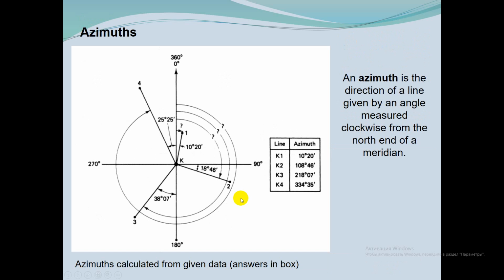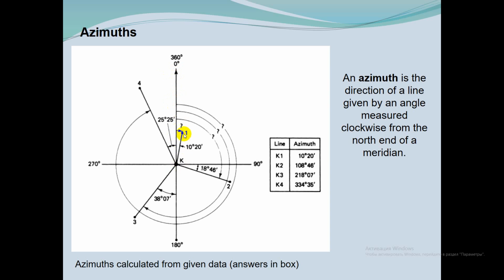Now about azimuth. Azimuth is the direction of a line given by an angle measured clockwise from the north end of a meridian.